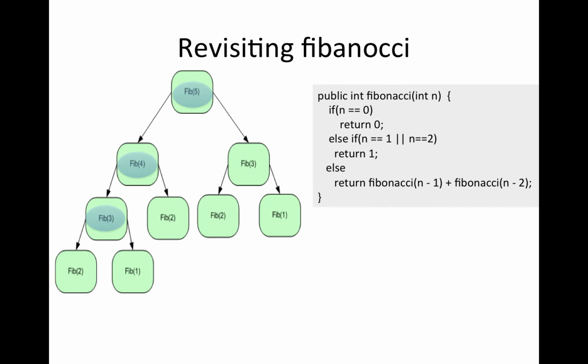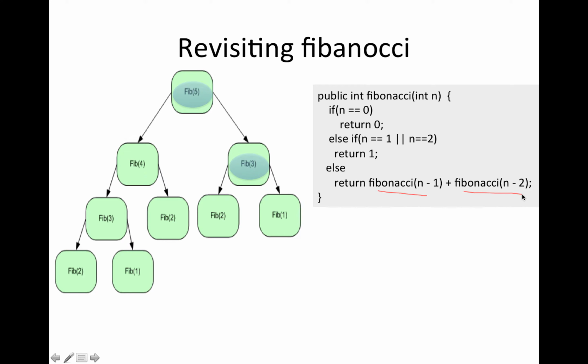Once that returns we have fib of 3, and then the stack returns back to fib of 4, and once we have fib of 4, we calculate fib of 3.